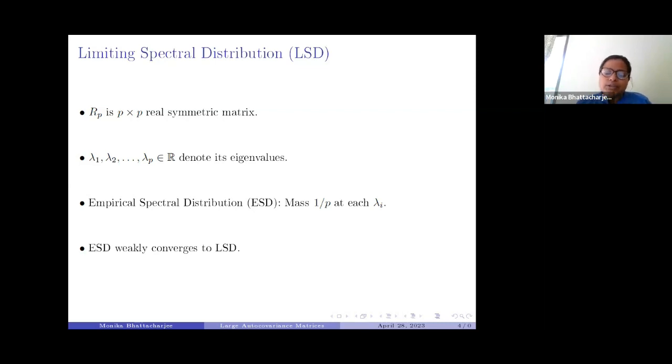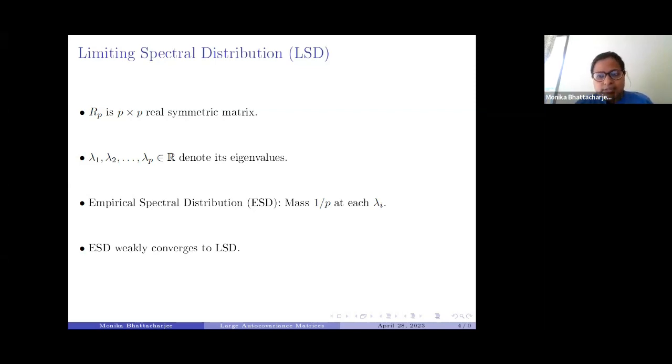So if we take the weak convergence, the LSD will be a discrete probability distribution which has mass at 1 and -1, and each of them will have mass half. In this way we can find the limiting spectral distribution.